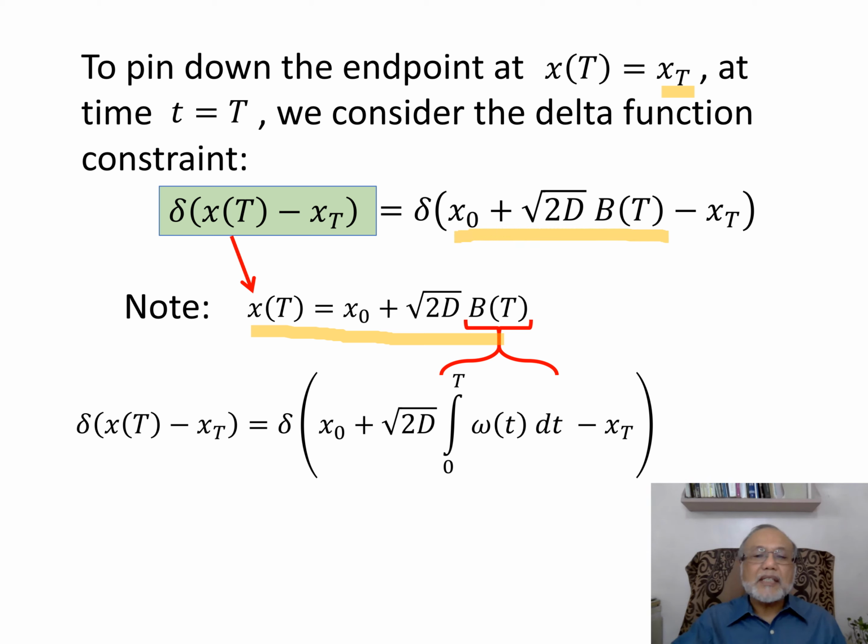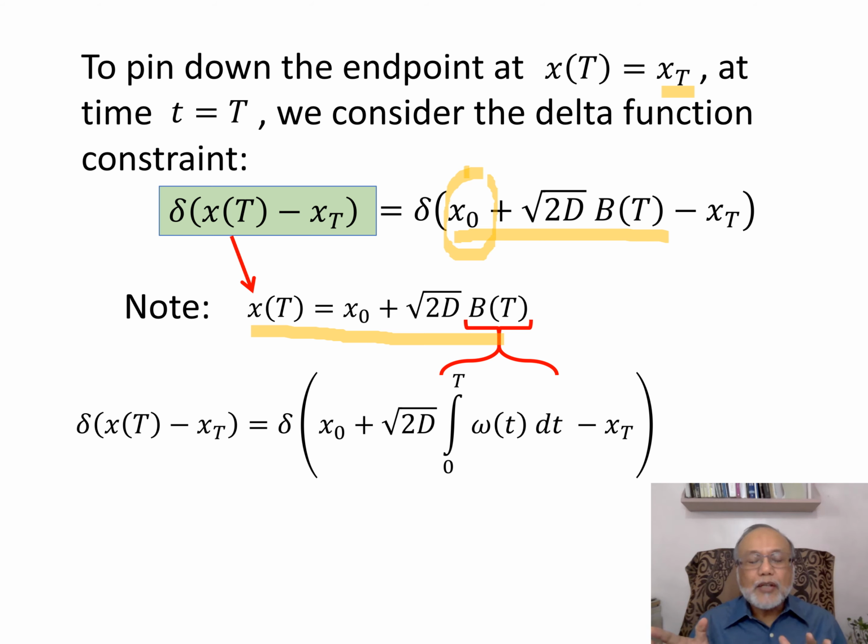It simply means that we have an initial point x sub naught plus some fluctuation, and because all of these are inside the Donsker delta function, this delta function is always zero, the way delta functions are defined.